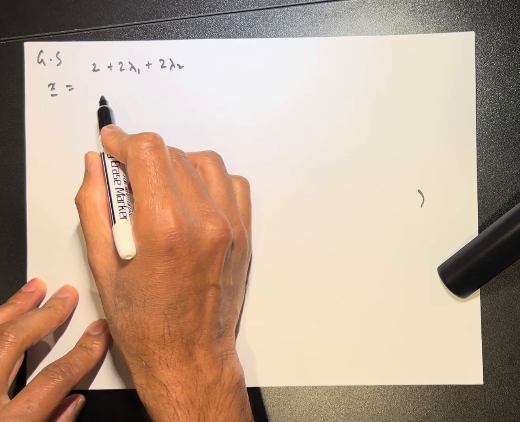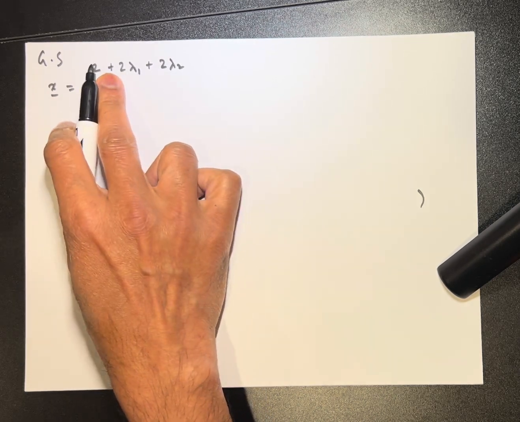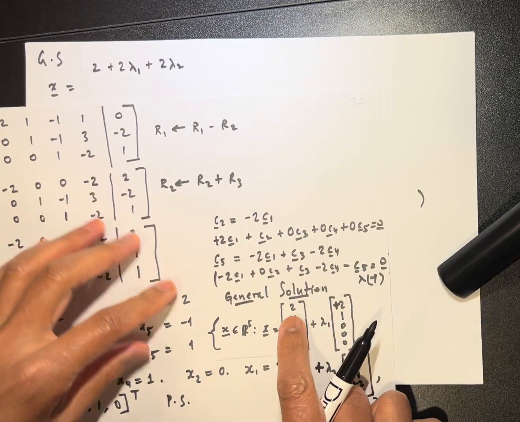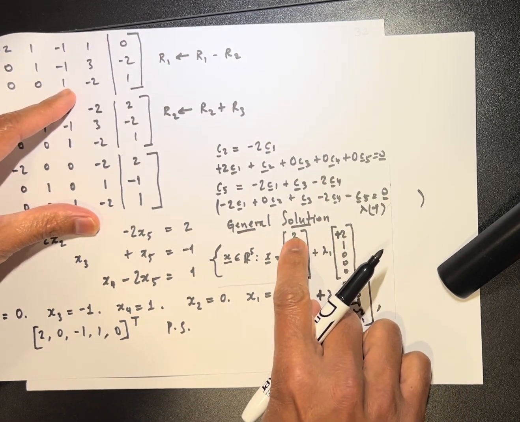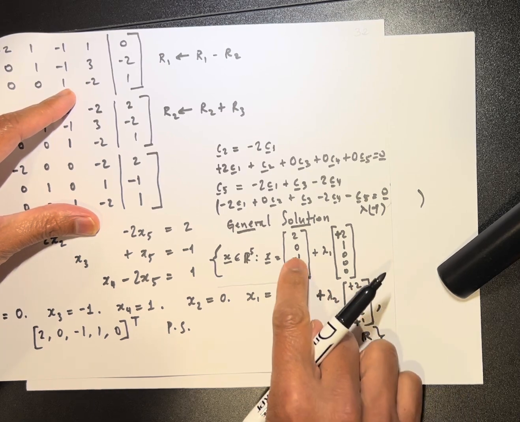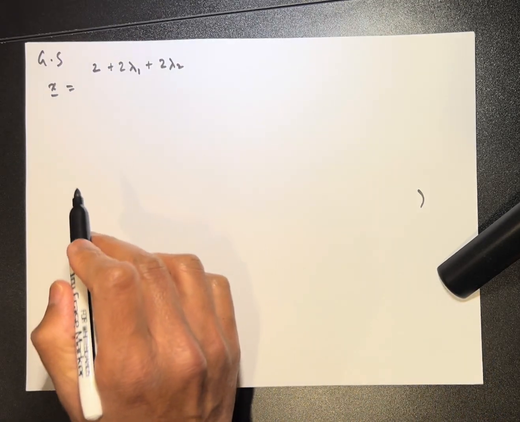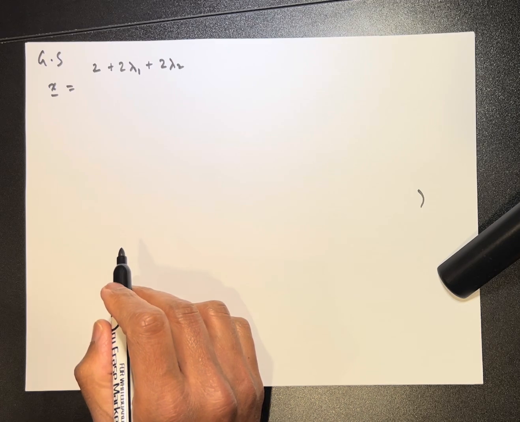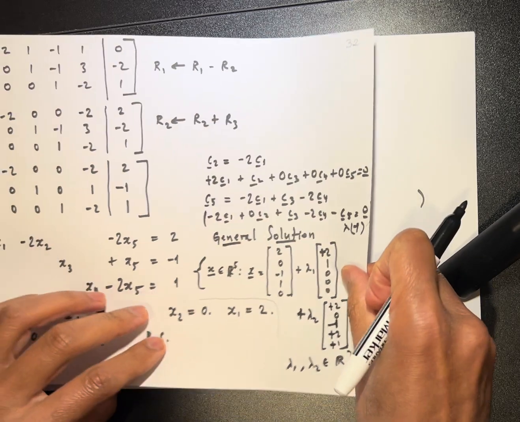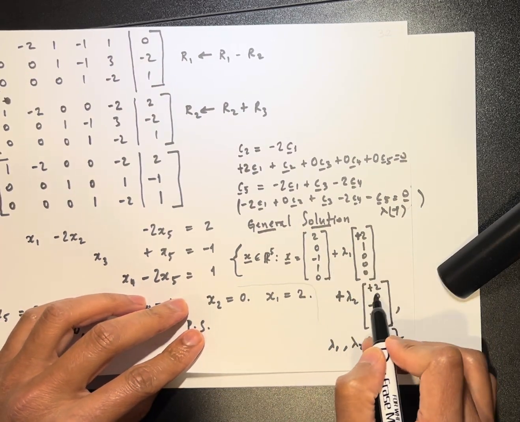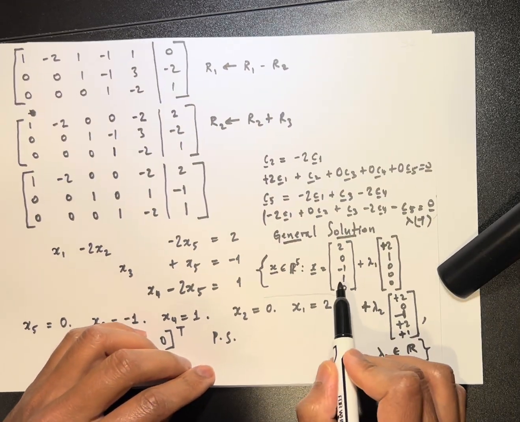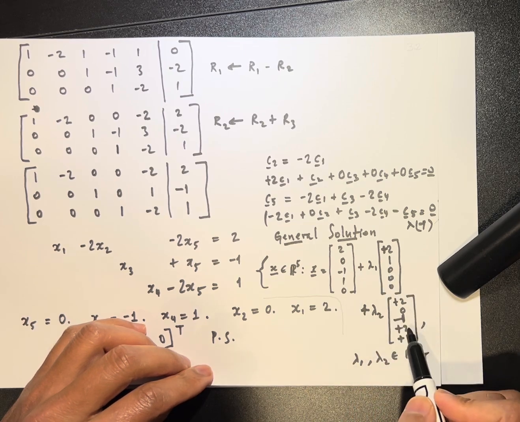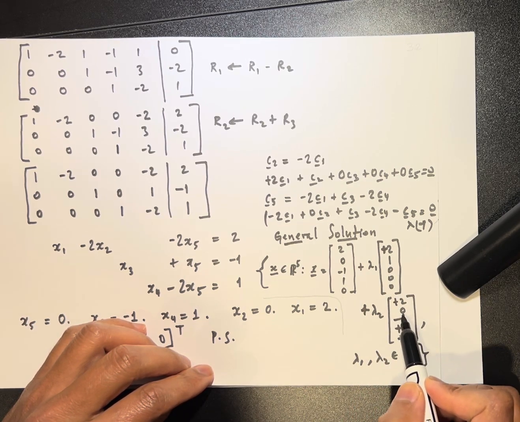Where I got this from is from here, right? So 2, which is the top element, 2 plus 2 lambda 1 plus 2 lambda 2, like this I'm writing for everything. The second entry is 0 plus lambda 1, and then this is 0, so I write lambda 1. Third entry is negative 1, and then this is 0, and then this is negative lambda 2, this is minus 1, so it's minus 1 minus lambda 2.